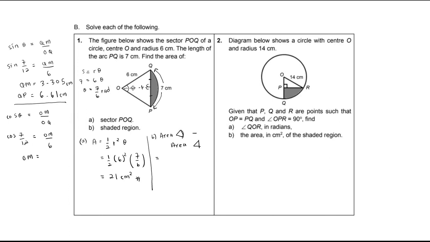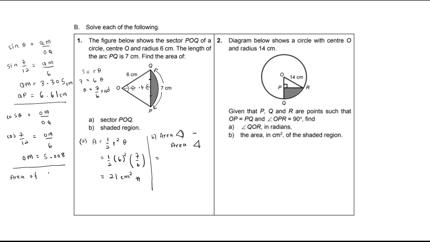Again, make sure that your calculator is in mode radian. Calculate cos 7 over 12 multiplied by 6. You should get the length of OM 5.008.